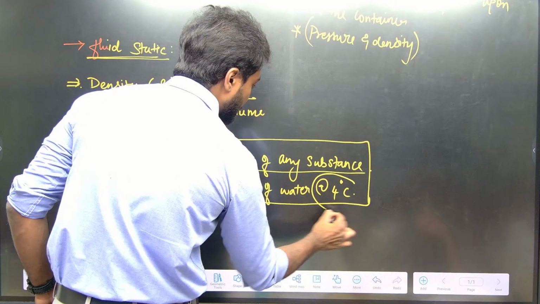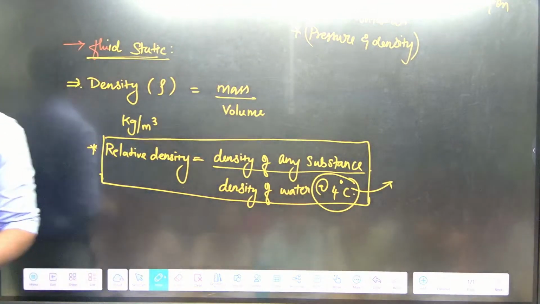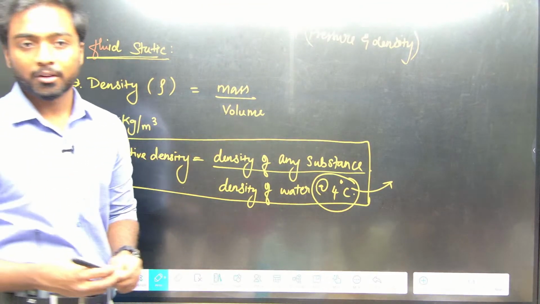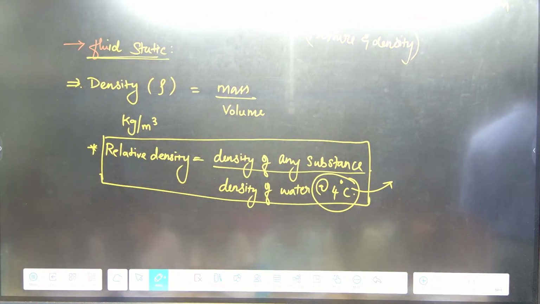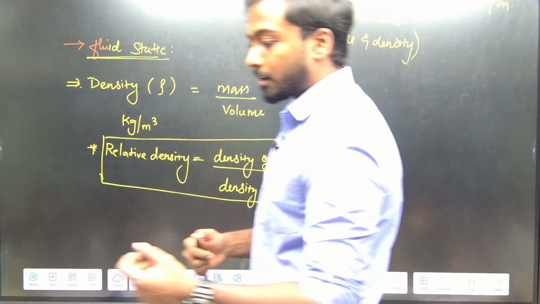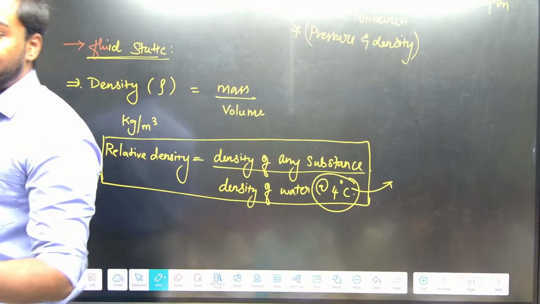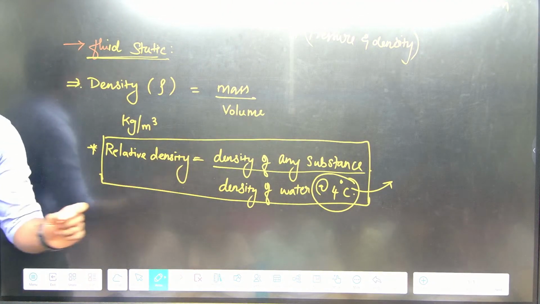Due to the anomalous effect. If they ask what is the reason behind 4 degrees Celsius, it is due to the anomalous effect.